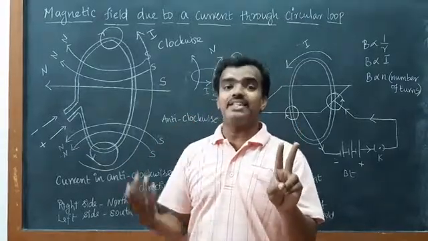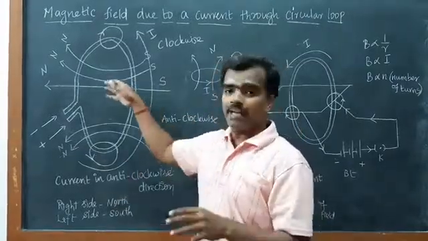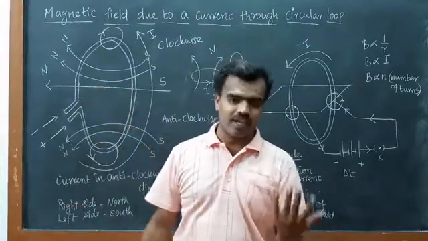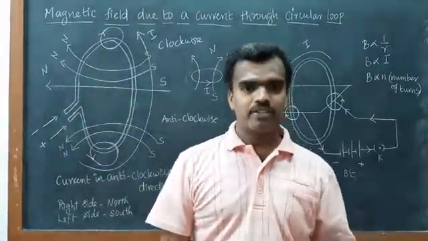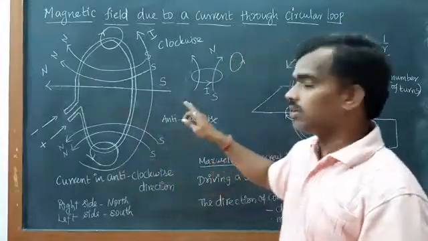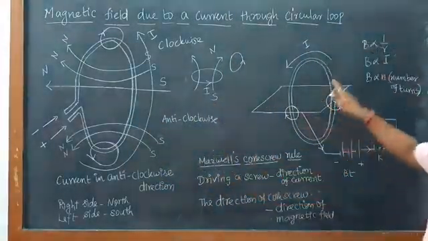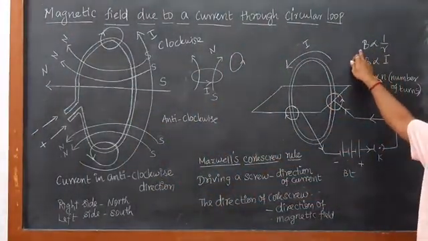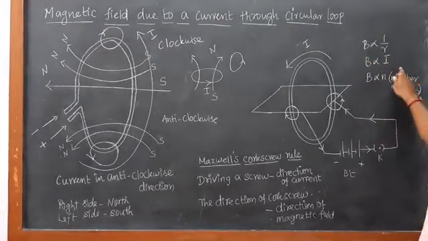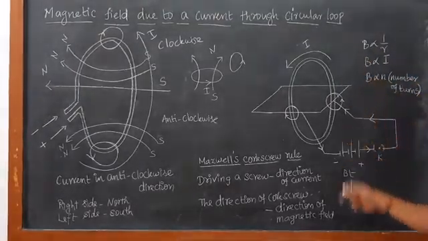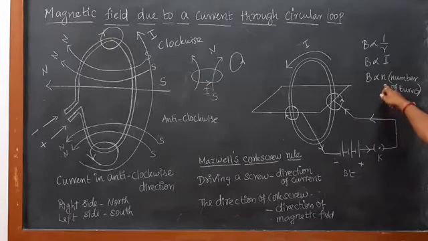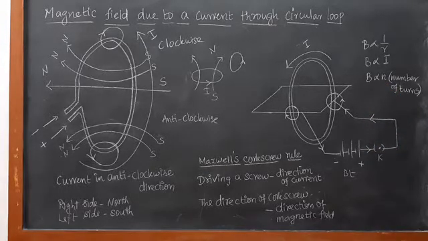So we are increasing the magnetic field value. What is the application of this circular coil? Of course, the solenoid, which we will see later. So as the distance increases, the magnetic field decreases; as the current increases, the magnetic field increases; and as the number of turns increases, the magnetic field value also increases.